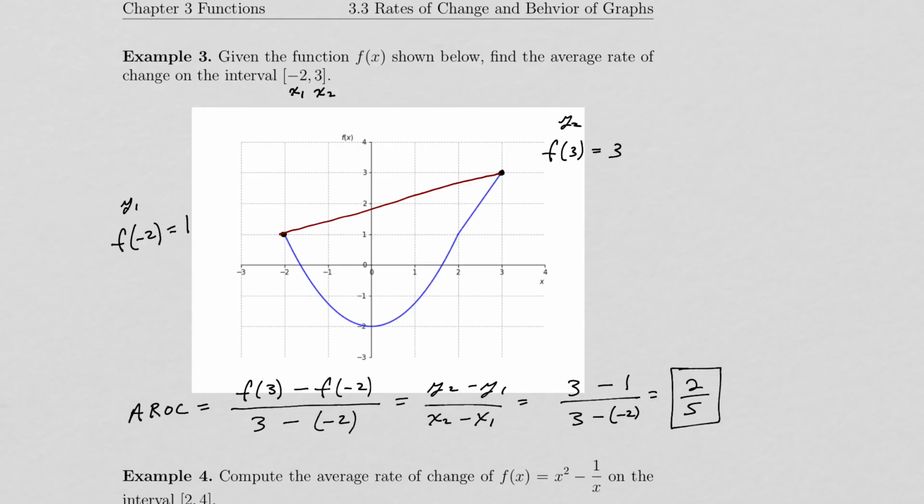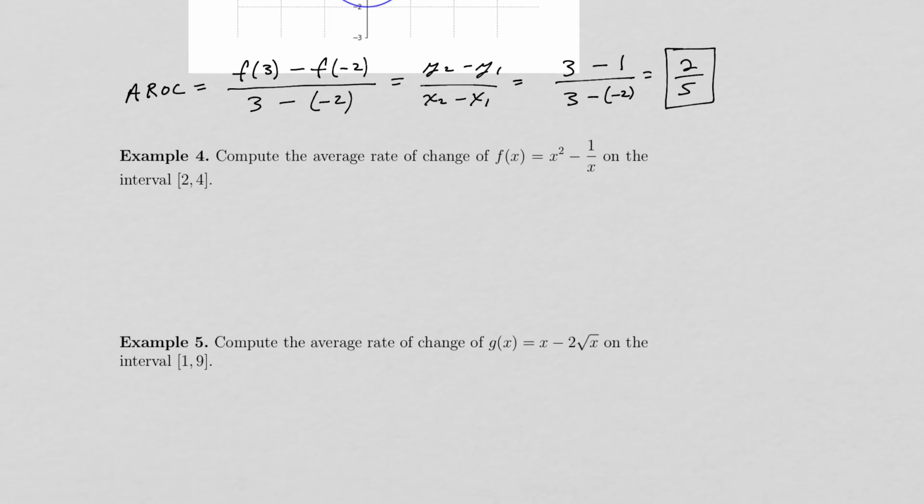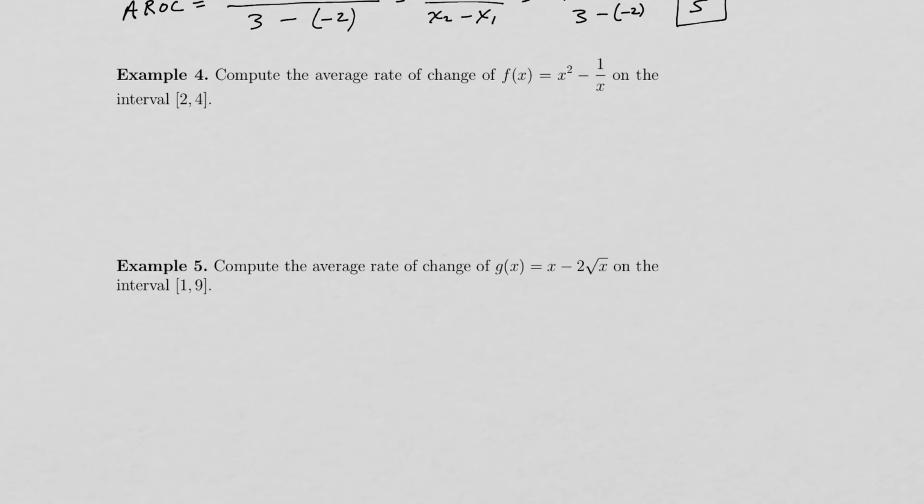Okay, what if we have an actual equation for the function and we want to find the average rate of change? In this case, I want to find the average rate of change of this function, x squared minus 1 over x, on the interval 2, 4. The 2 again is like the left endpoint of the input, and the 4 is the right endpoint of the input. So it's basically x1 and x2. And then the outputs are going to be f of x1 and f of x2.